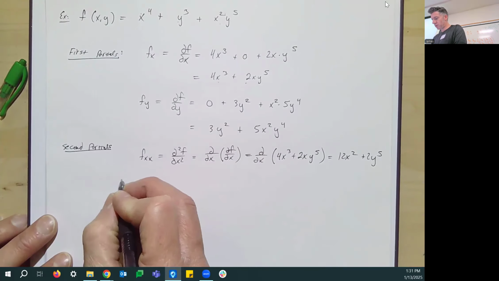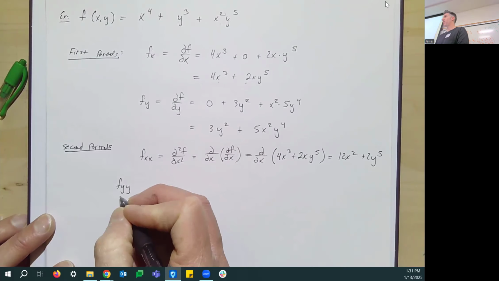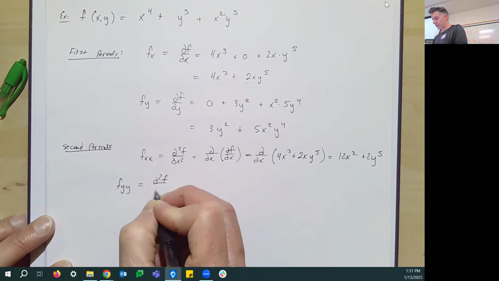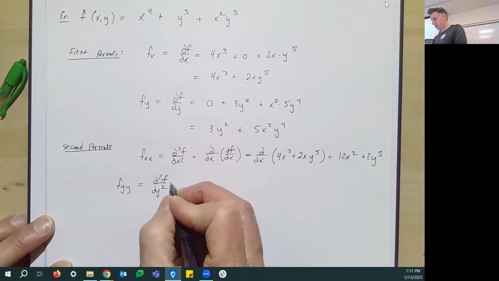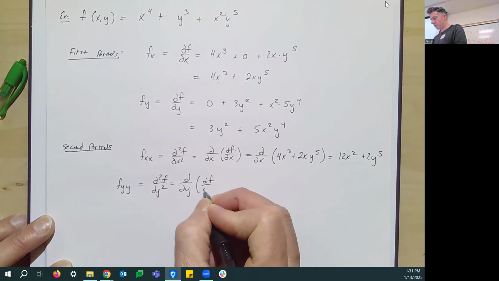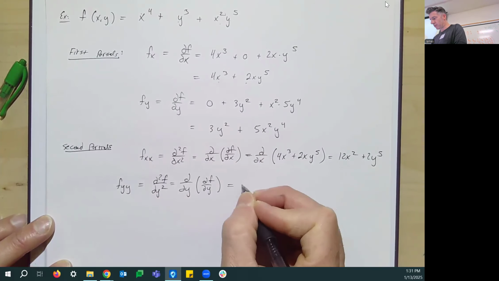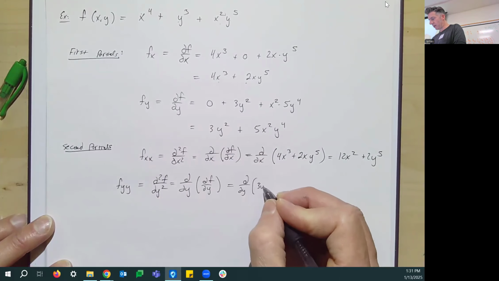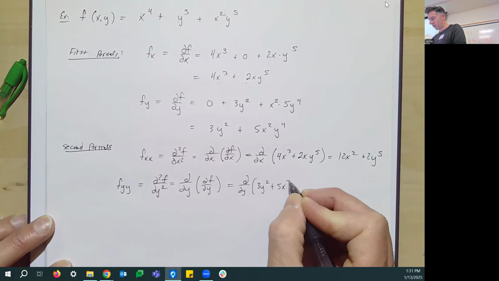Similarly, fyy, the second partial with respect to y, or del squared f del y squared, which is del y of del f del y, which is del y of 3y squared plus 5x squared y to the fourth.